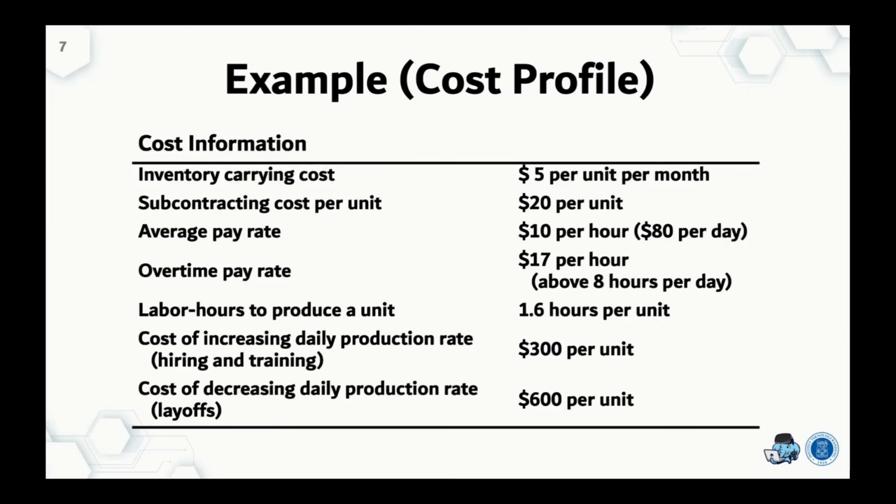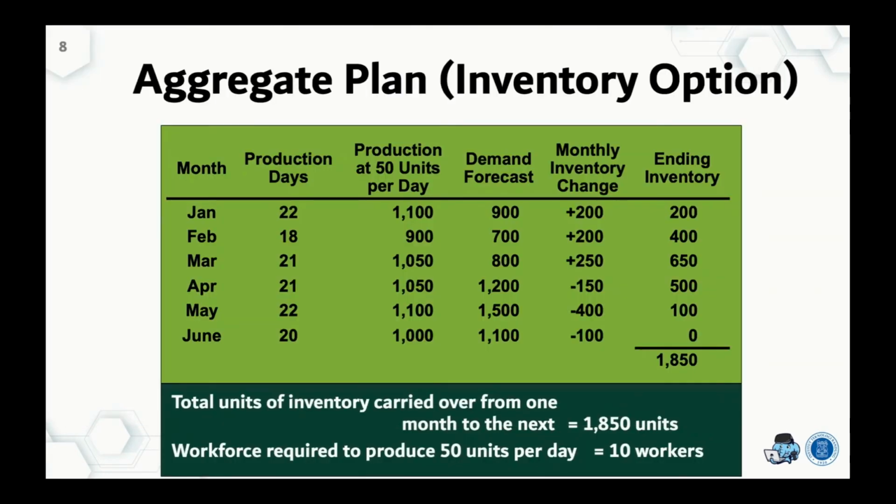This table presents the cost information for each cost factor, such as inventory carrying cost, subcontract, average pay rate, overtime pay rate, labor hours to produce a unit, cost of increasing daily production rate, in this case hiring and training, and cost of decreasing daily production rate, or the layoff cost.